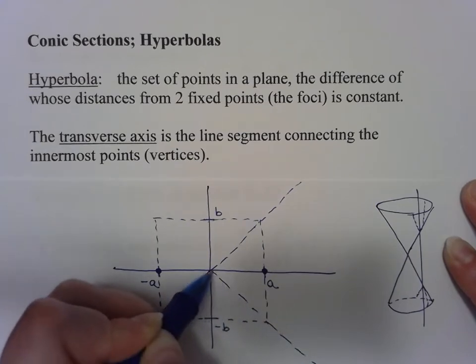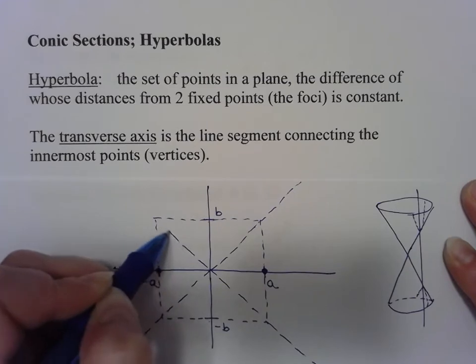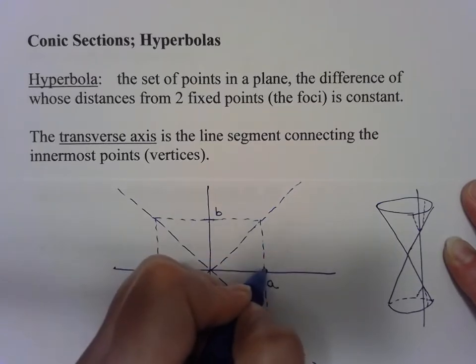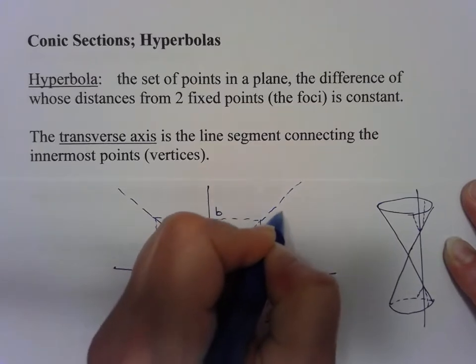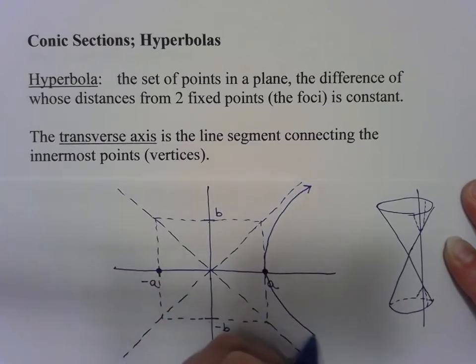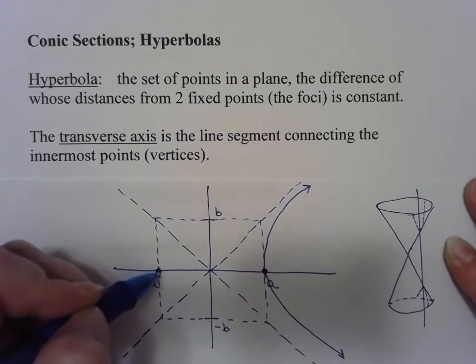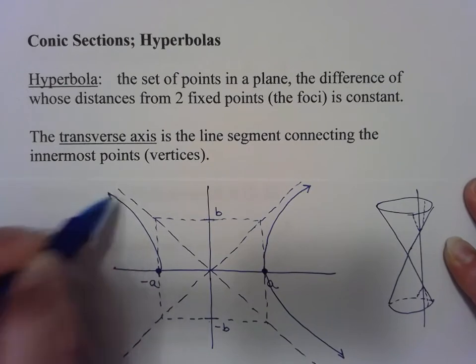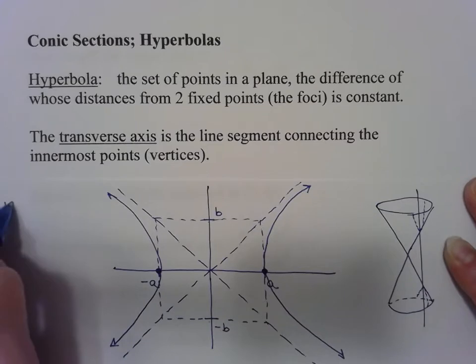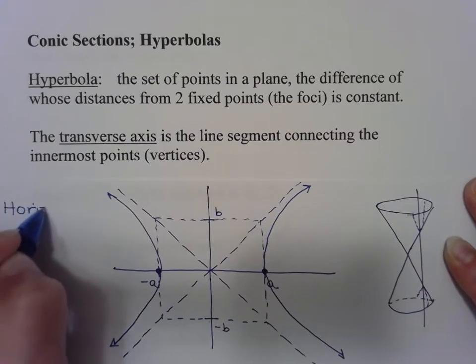So the asymptote is going to go through the center and to the corners of the box. Then I have a curve that comes out from the vertex towards the asymptote. And this one is horizontal.